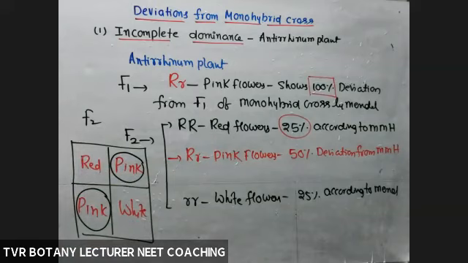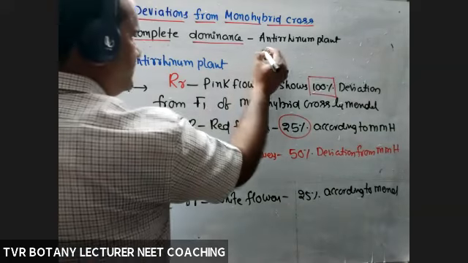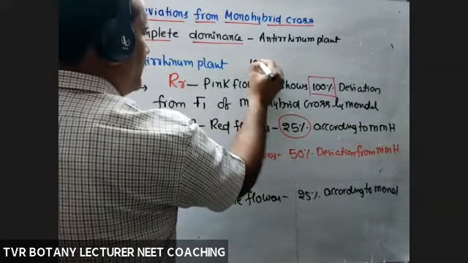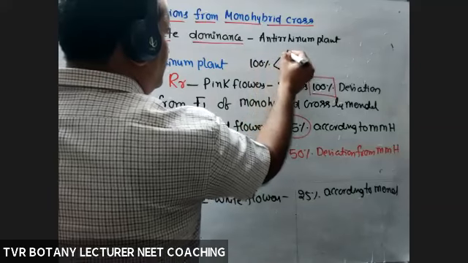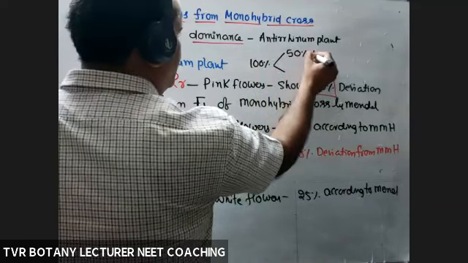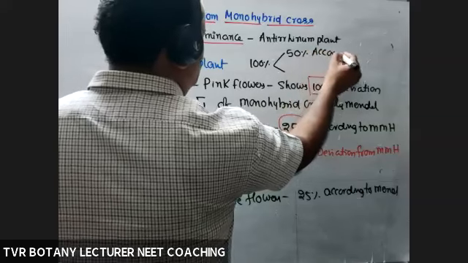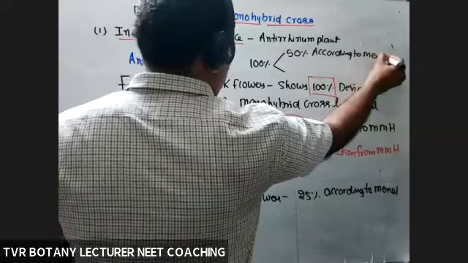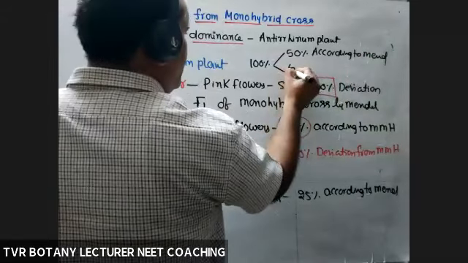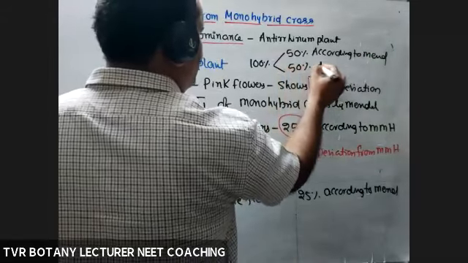And the remaining 50% is according to Mendel. So here, out of 100%, meaning 4 plants, 50% according to Mendel in F2, and the remaining 50% against Mendel.